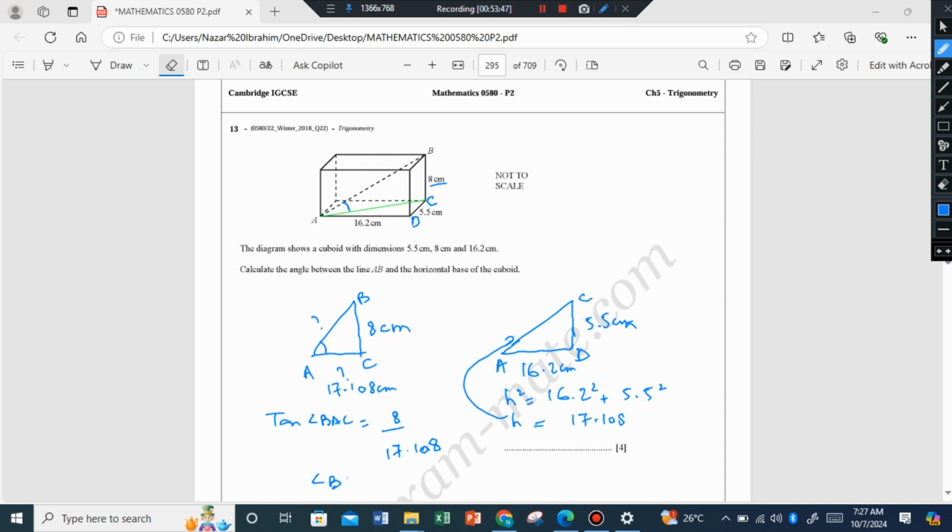After solving this, what I'm getting is a ratio; when I solve it, I will put tan inverse. We will put it in the calculator by using the shift button, and then we will calculate the angle, which comes to be 25.06 degree. Clear?